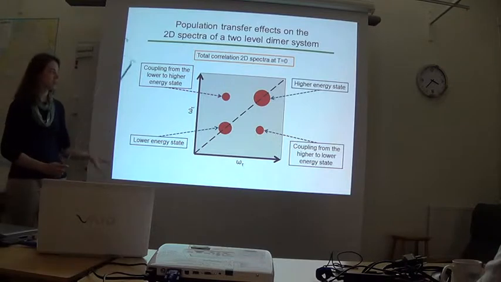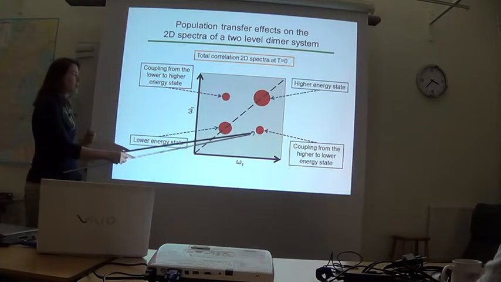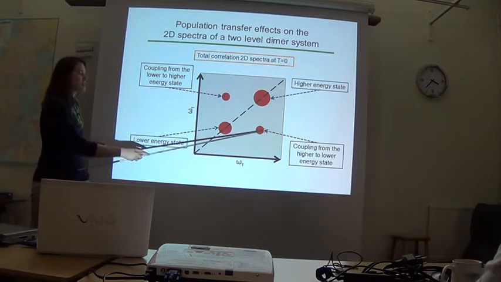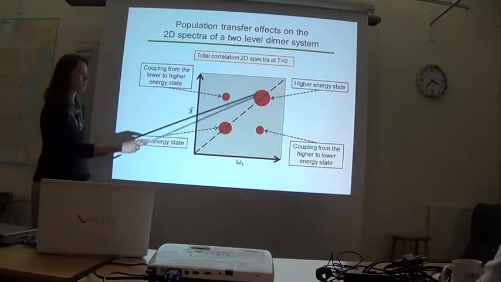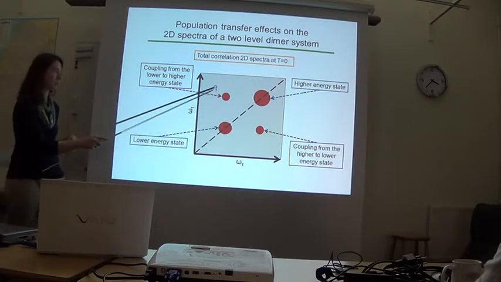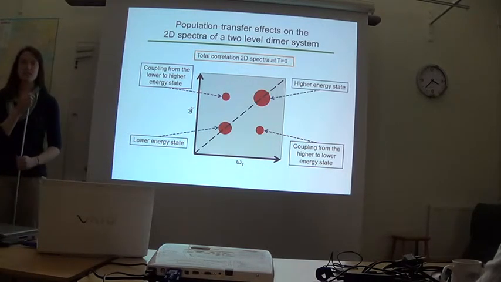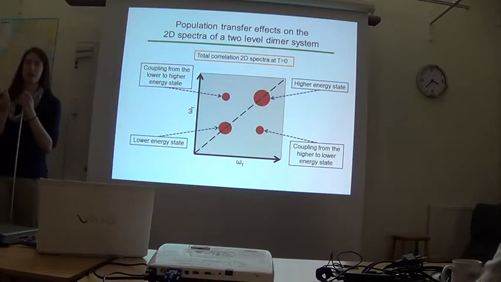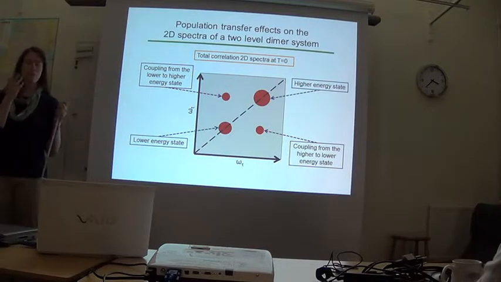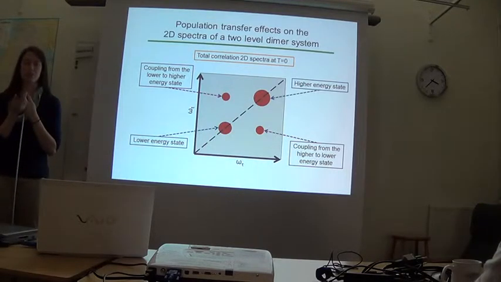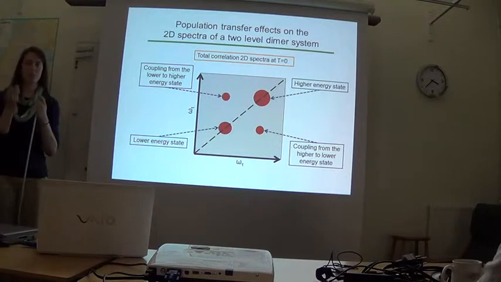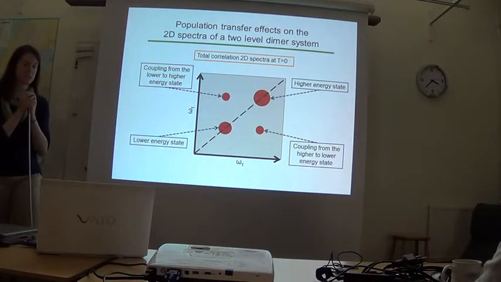But the advantage of using two-dimensional is you get these cross peaks that indicate the coupling either from the higher to the lower energy or from the lower to the higher energy. And we can look at how these different peaks change in shape and intensity as a function of the population time, capital T, to learn about how population transfer is occurring in our system.